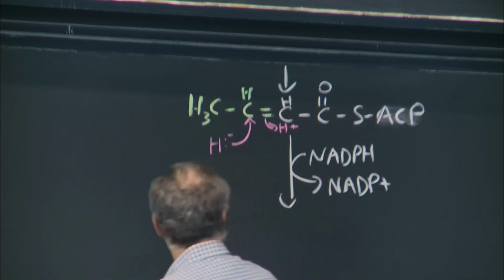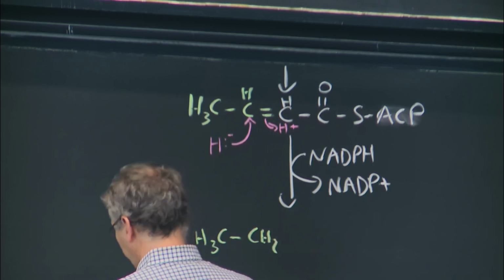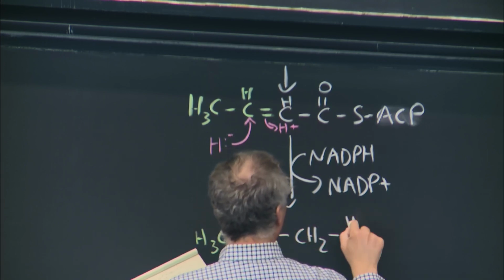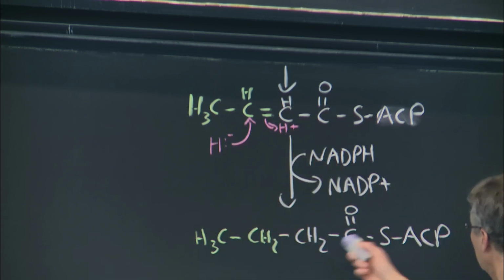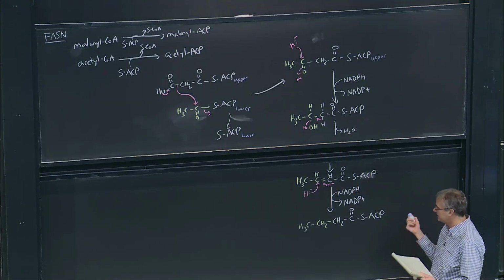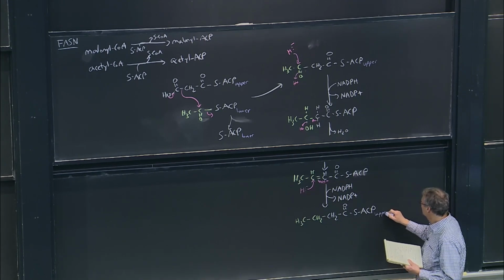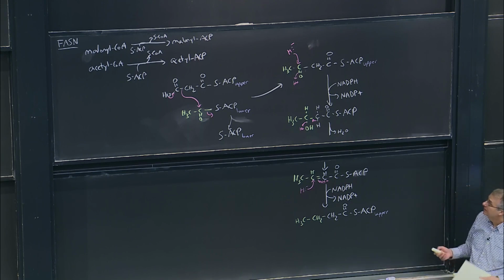And that leaves us with a reduced 4-carbon fatty acid, a 4:0 fatty acid here, esterified via this thioester to ACP on the upper site of fatty acid synthase. Okay? All right, so what happens next?